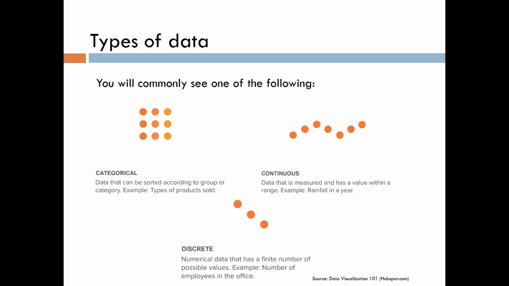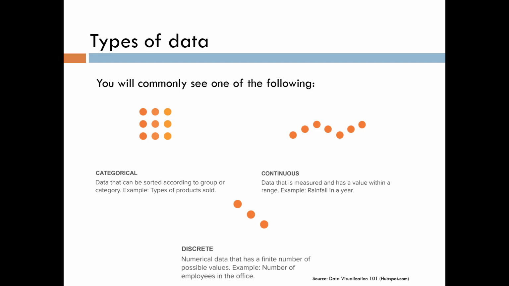A discrete variable can only have fixed values. For example, the number of employees in the office can only be 1, 2, 3, etc. A continuous variable can have an infinite number of values. For example, the weight of an object can be 5.1 pounds, 5.25 pounds, 5.375 pounds, etc.